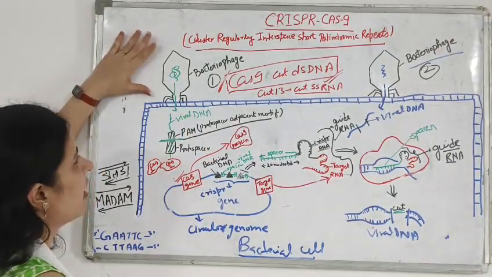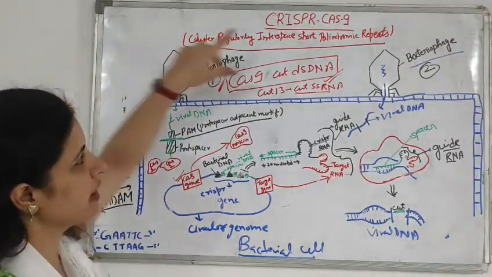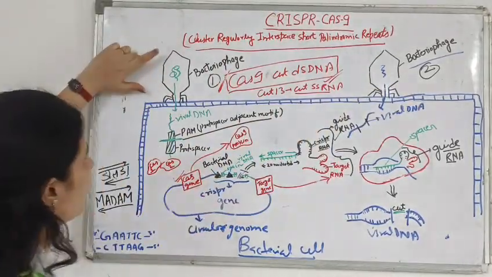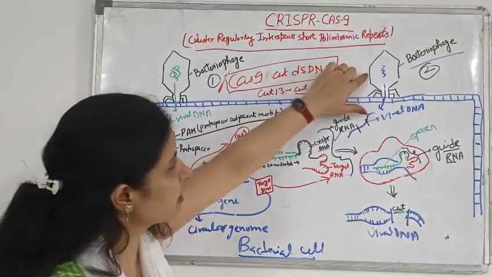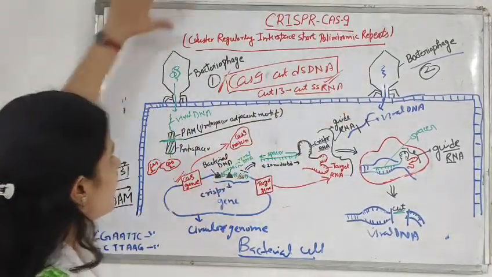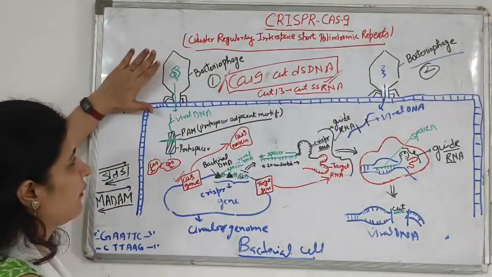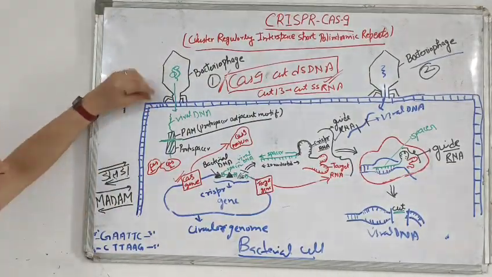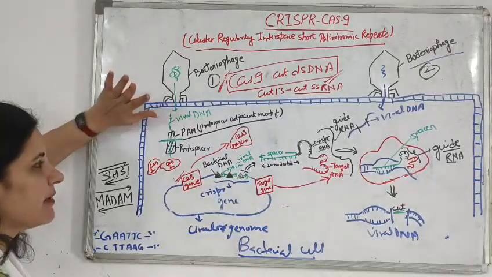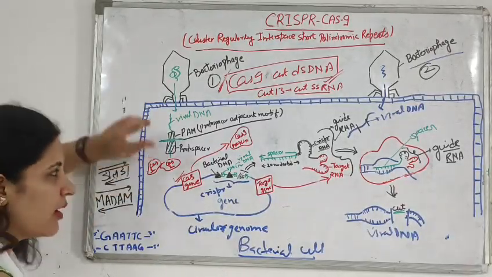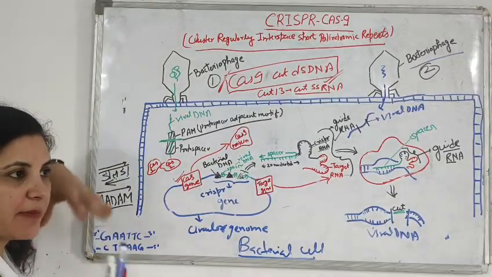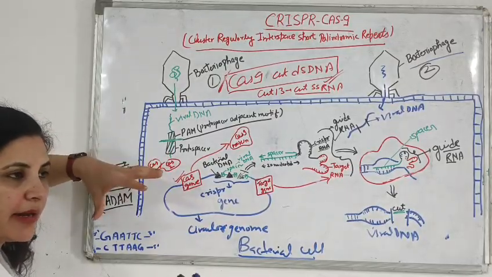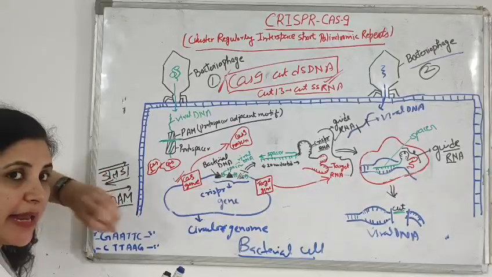Suppose this is the same bacteriophage which infects the bacteria for the first time. As soon as it infects the bacteria the first time, it will take some time to develop the defense mechanism against it, because, as you know, when a foreign material infects for the first time, the immune system takes some time.